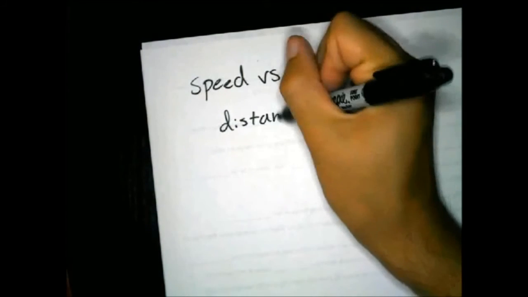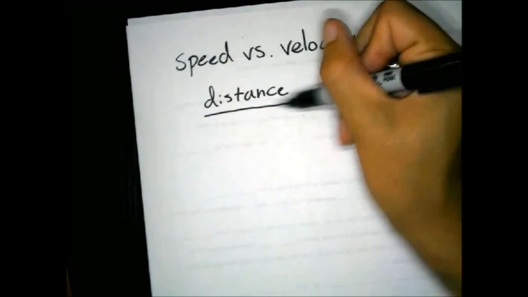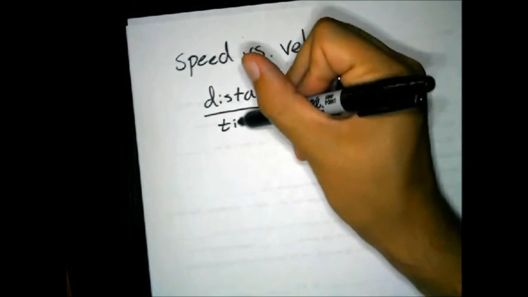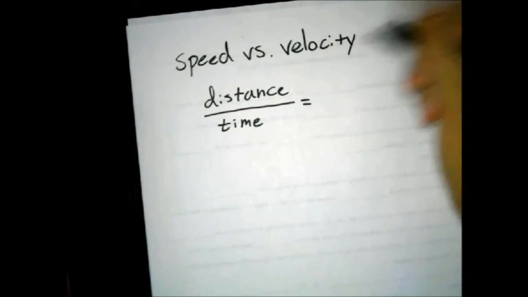Okay, so why are speed and velocity so different? Well, speed is distance traveled over time. So I can travel a mile in about 9 minutes.